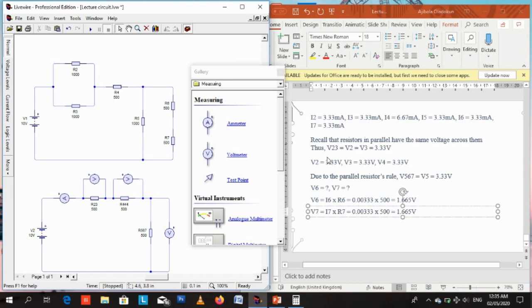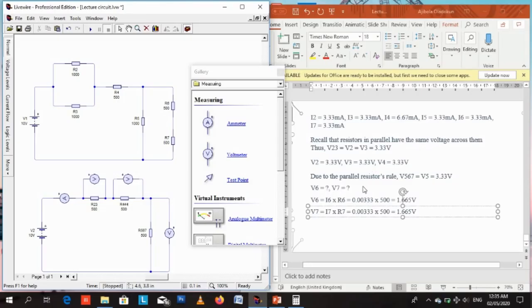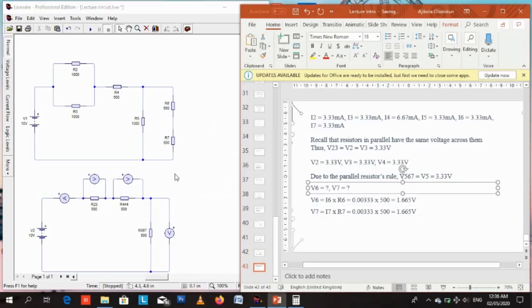Because R7 and R6 are the same, we end up getting the same voltage. But generally, having resistors in series doesn't guarantee you have the same voltage across them. So V6 is 1.665, V7 is 1.665.